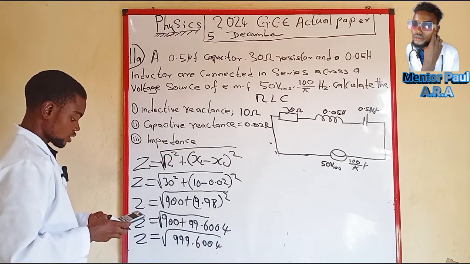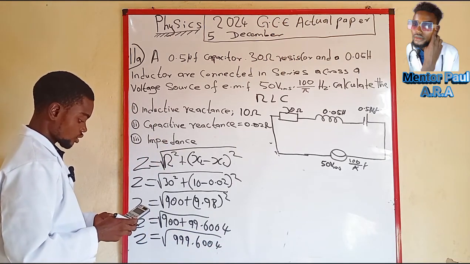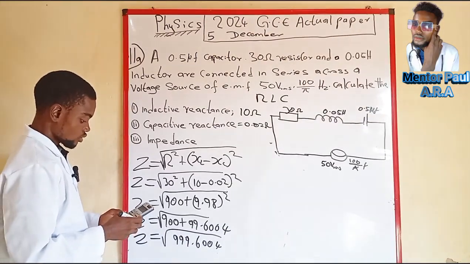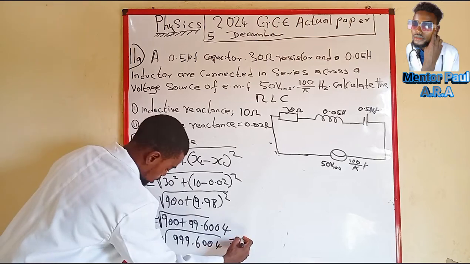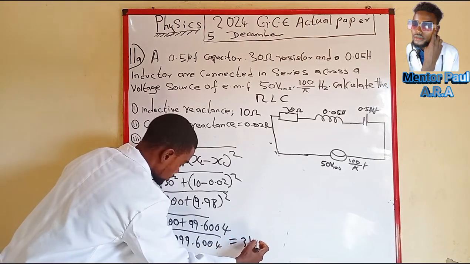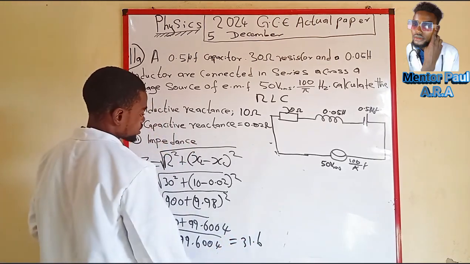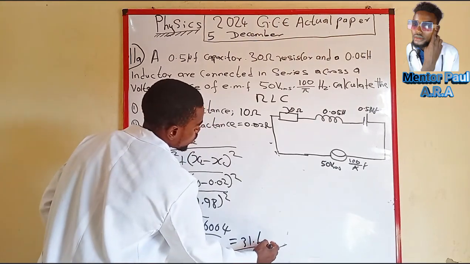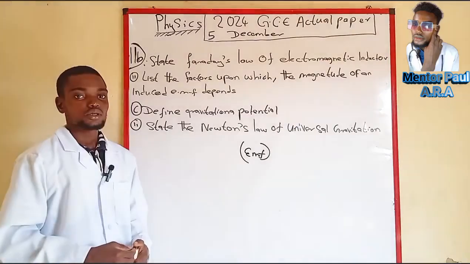If you work that out, we have 31.6 to one decimal place, and this is what we have as impedance, also measured in ohms.